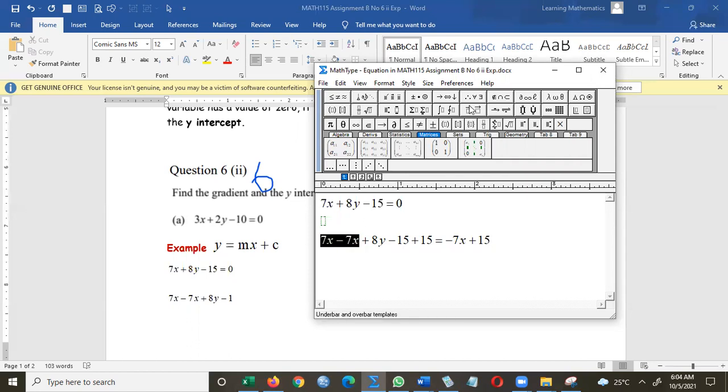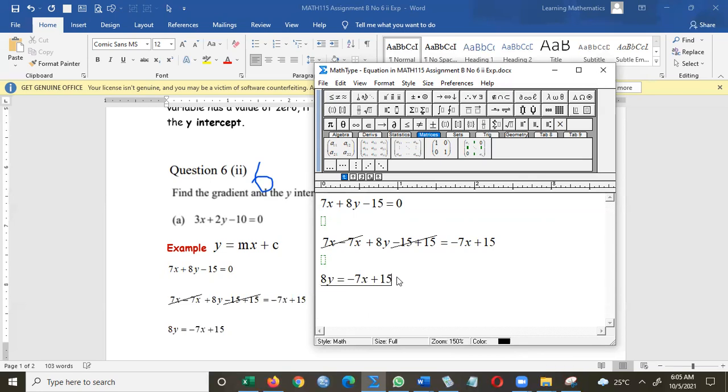The whole idea is to cancel out 7x, so here 7x minus 7x cancel out, and minus 15 plus 15 cancels out from the left side. So what we are left with is 8y is equal to minus 7x plus 15.